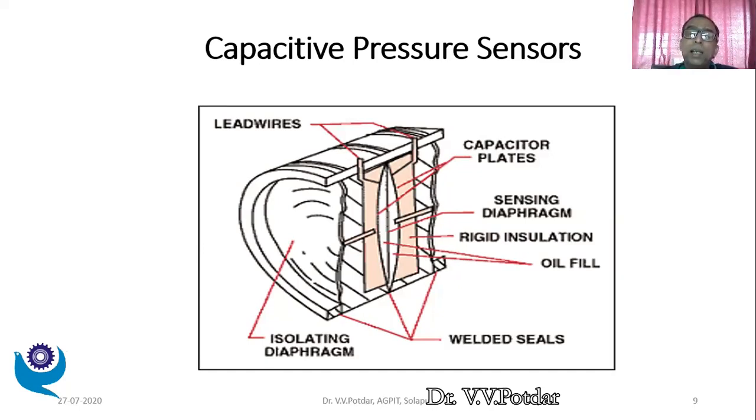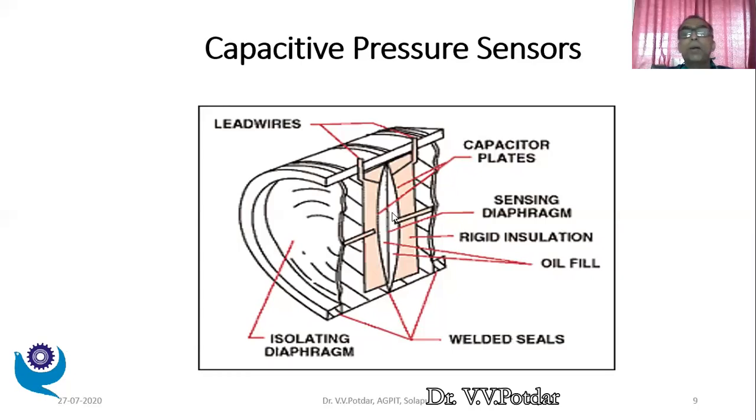If you see the construction, you have the sensing diaphragm, you have the capacitor plates which are moving, and it is oil filled. Let us say this transducer is measuring oil pressure. So this is the isolating diaphragm, so that it makes one of the plates fixed, and the sensing diaphragm is made movable.